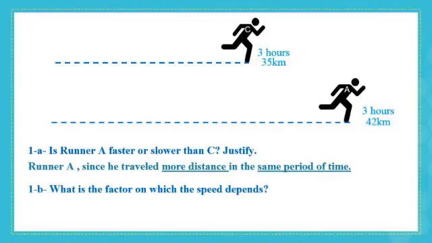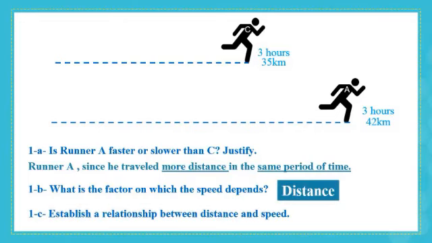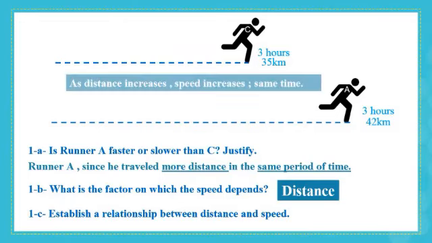What is the factor on which the speed depends? Distance. Establish a relationship between distance and speed. As distance increases, speed also increases under the condition of taking same period of time.